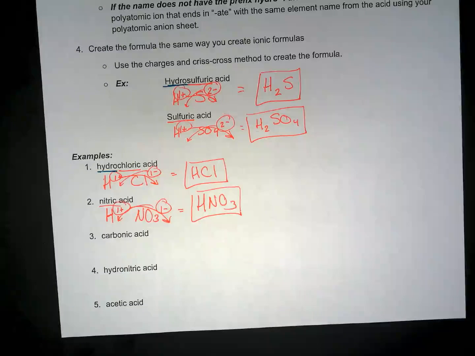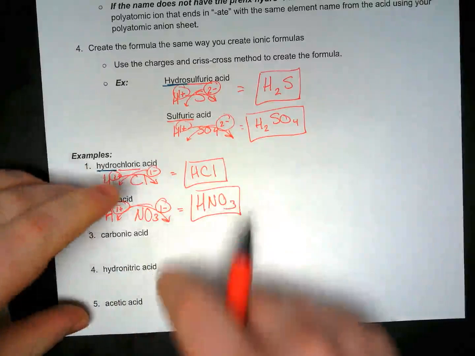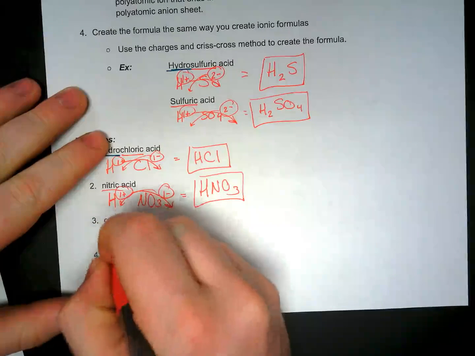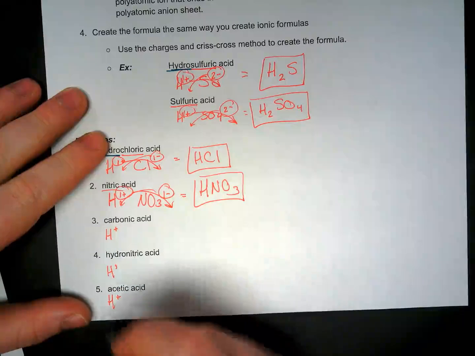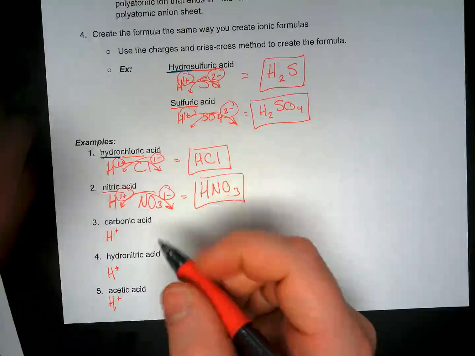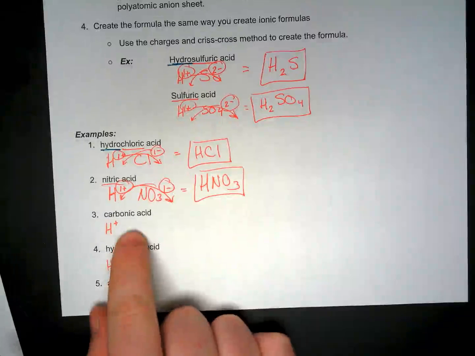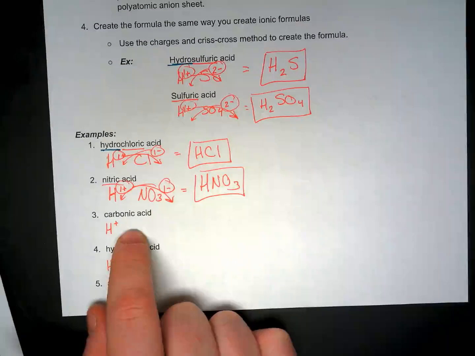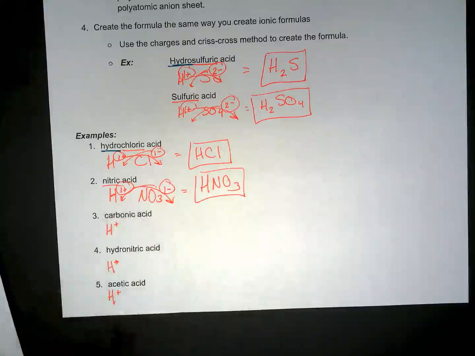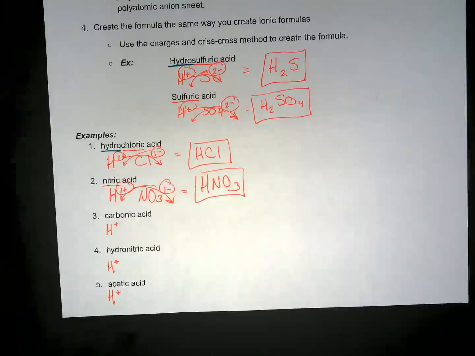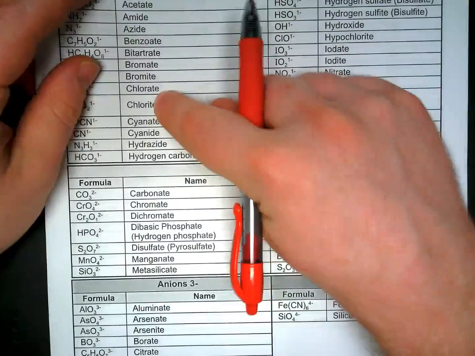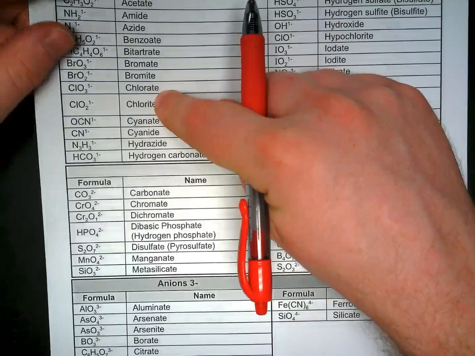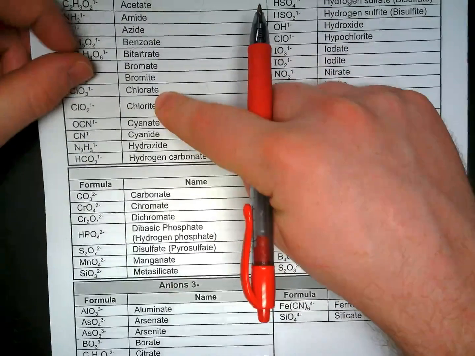So carbonic acid. We can look at these. We know all 3 of these are going to be acids. So I'm going to just get rid of the first and second steps. Get them out of the way. So carbonic acid. Well, what does carbonic acid sound like? I don't know. So let's look at the options that I have on my list. I'm going to look for something that says carbon on it, carbonic or carbonate, whatever it may be.